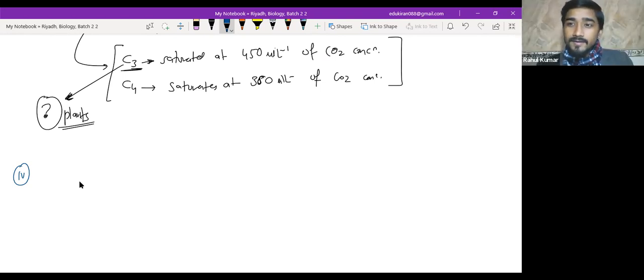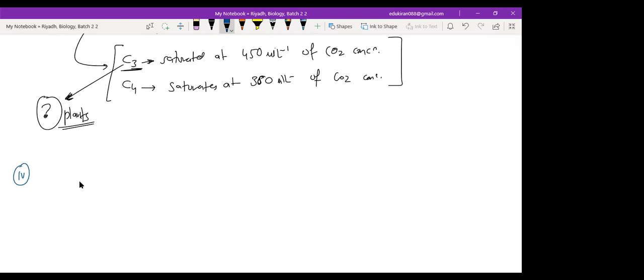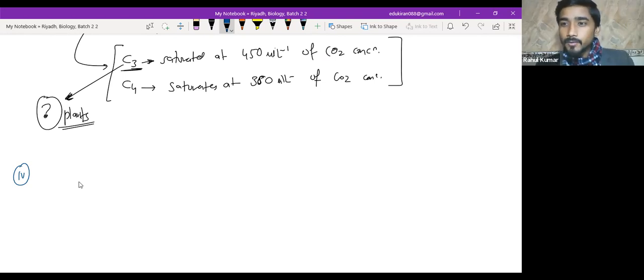Remember, I told you water has to be that molecule that can ensure continuous supply to photosystem 2, because the electron in a Z scheme finally gets used up at the level of NADPH.